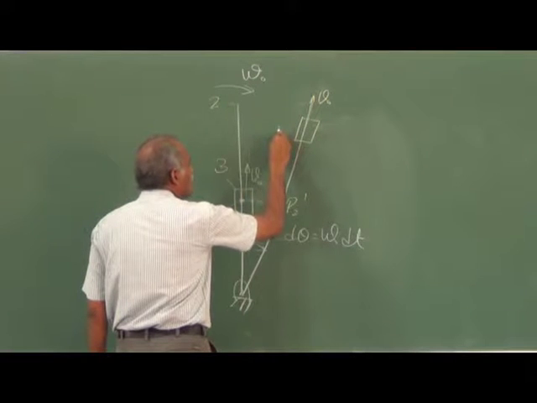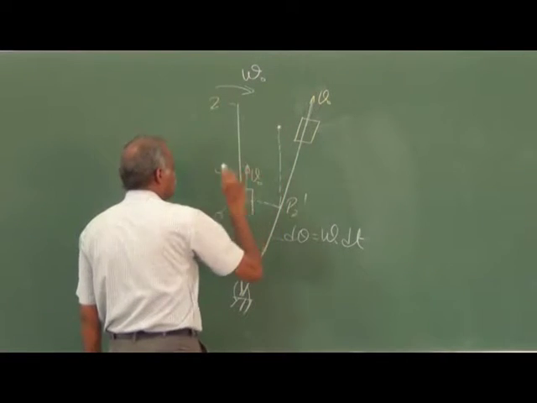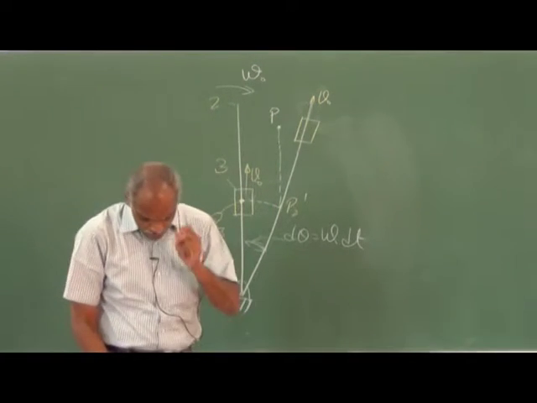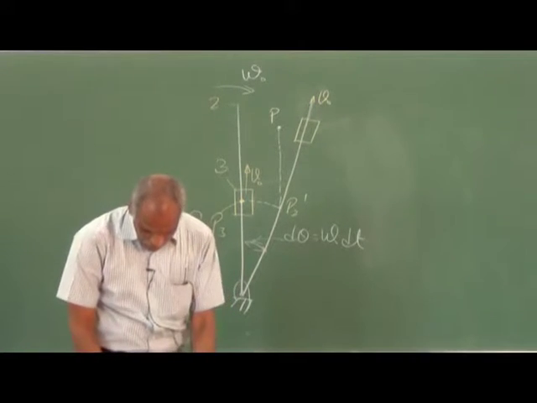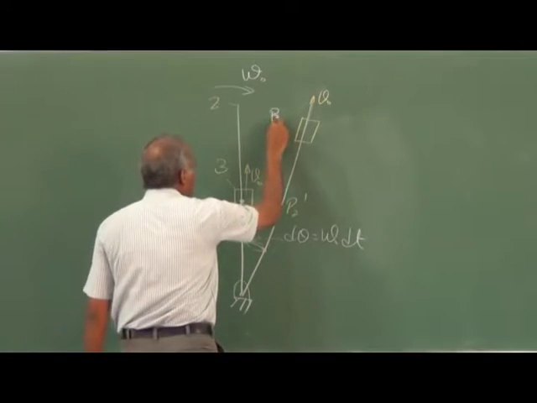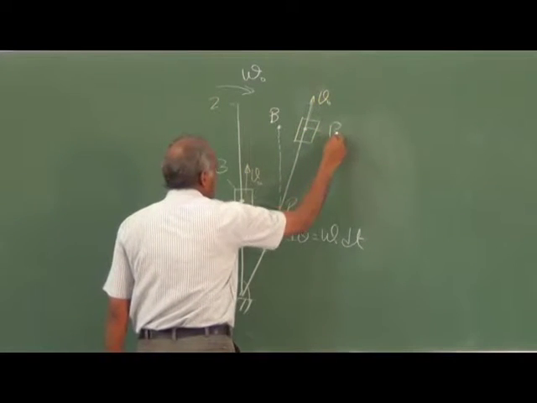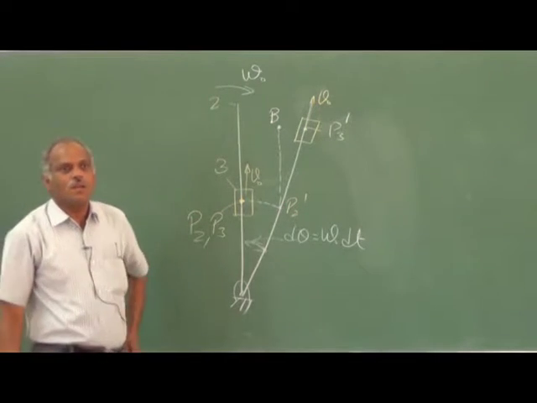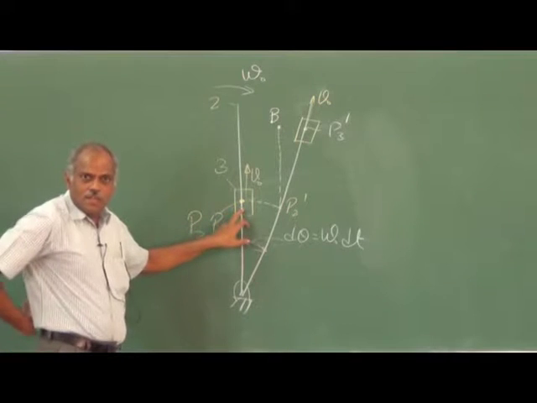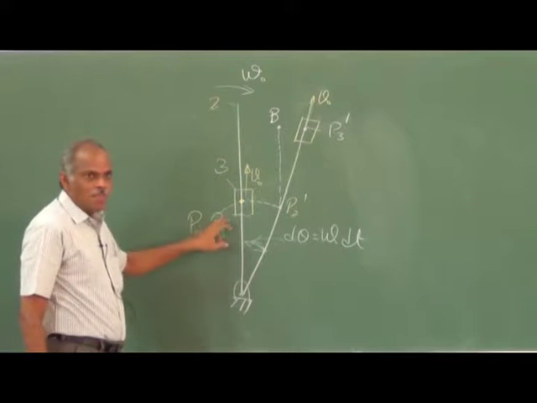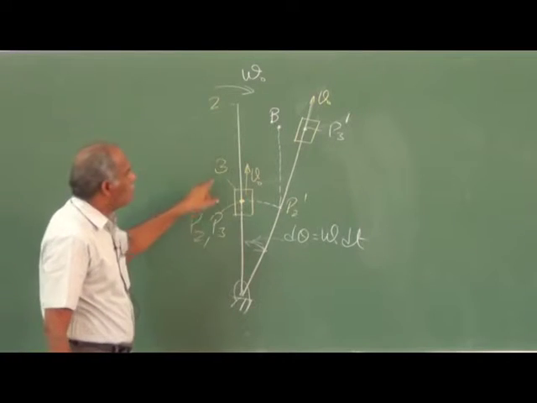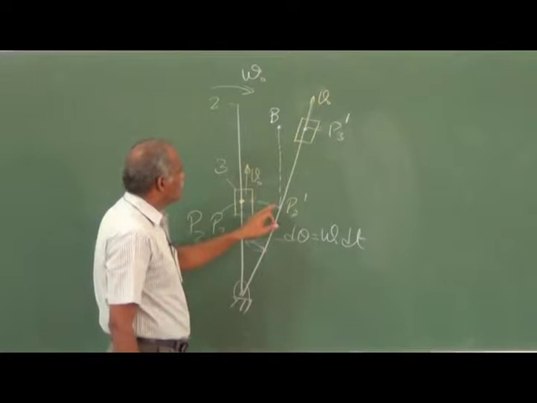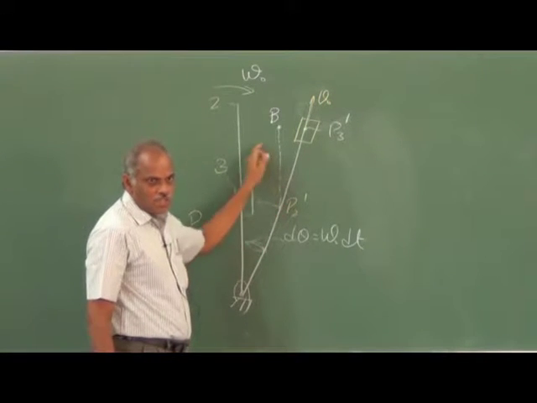Then this is another point, say B. This point is P3 dash. So the slider initially was at the point P3, coinciding with P2. Now P3 has moved to a new position called P3 dash.